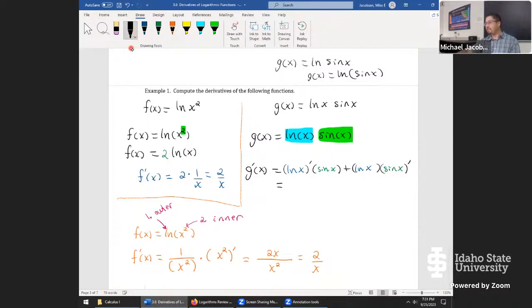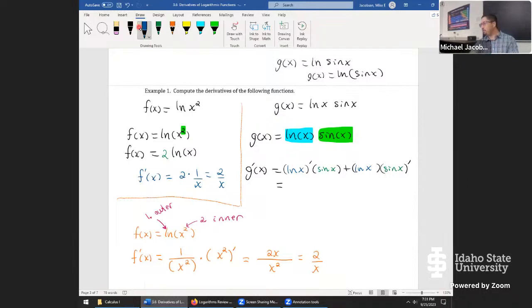G prime at X, once we calculate, first is the derivative of 1 over X. Anyone recall what happens here? What happens to, sorry, say again? 1 over.